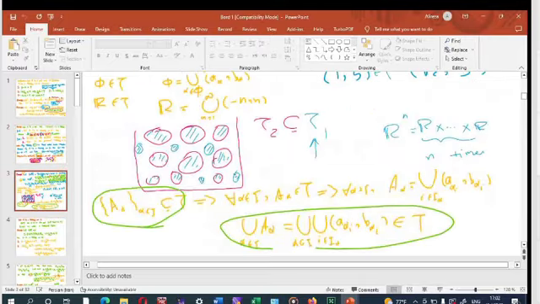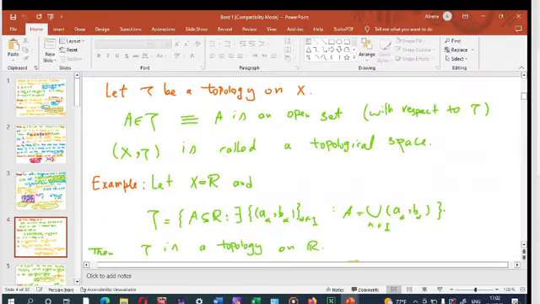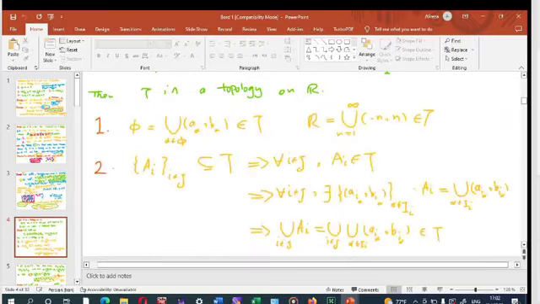I sent you this file. In this file you can see some examples and definitions. It is useful for you.